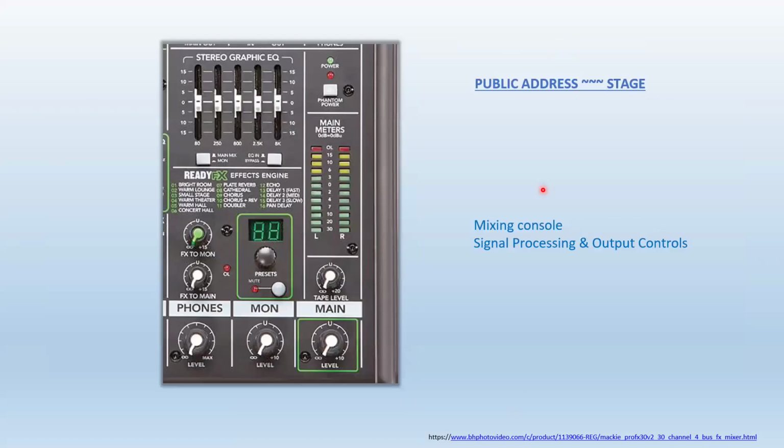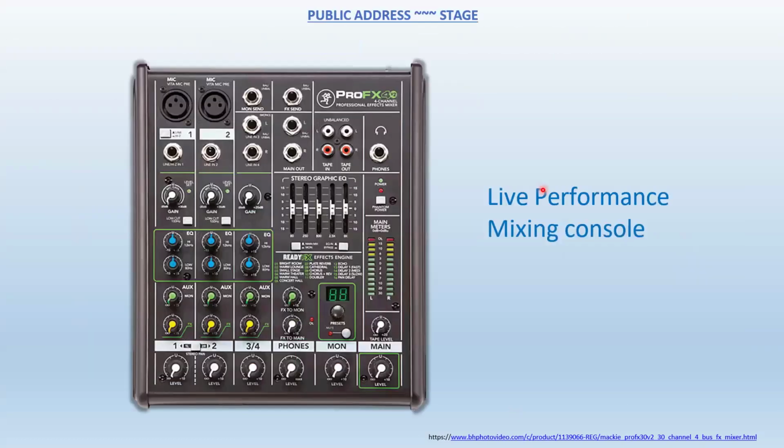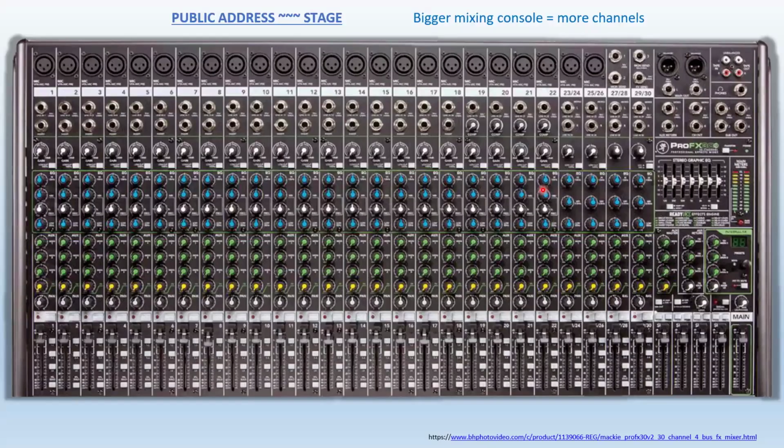Okay. Now, a bigger mixing board is the same as the smaller mixing board, except it just has more channels. And those channels can be grouped because you can assign those channels to the groups, and you have more of the main volume controls.